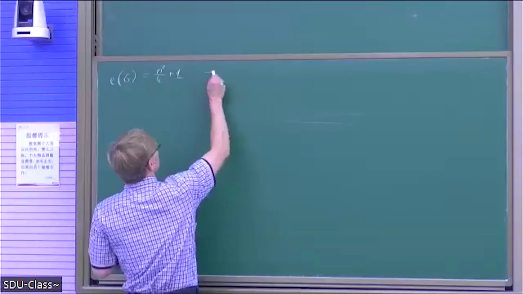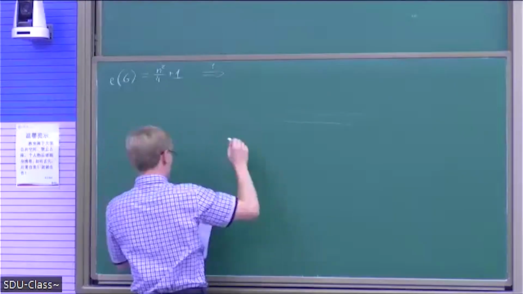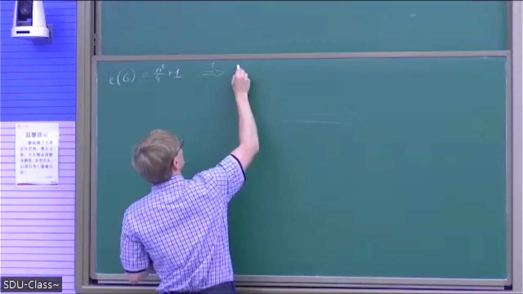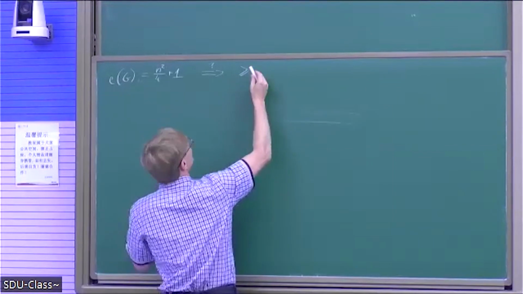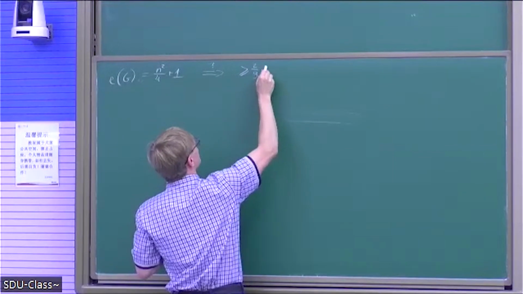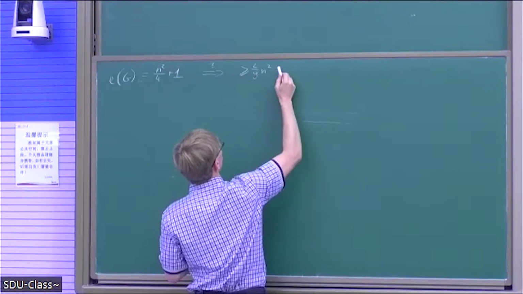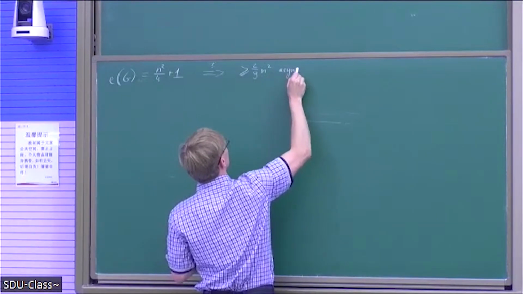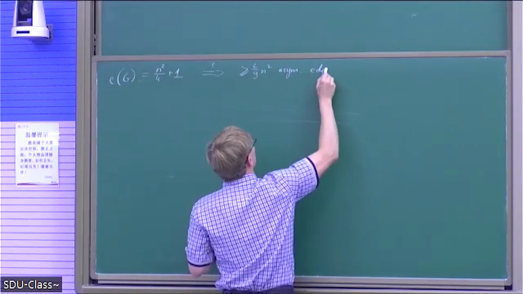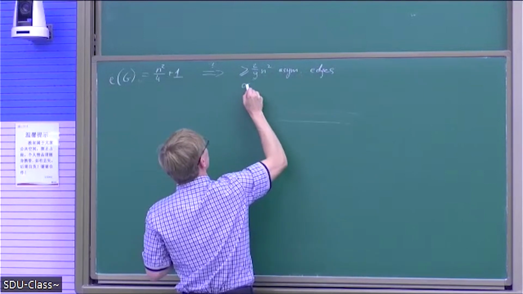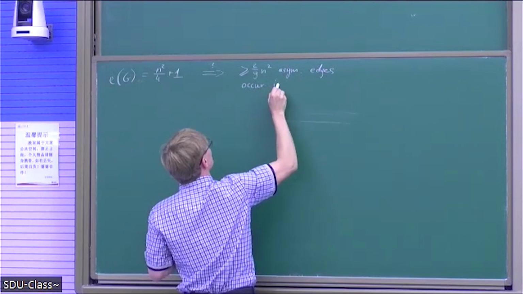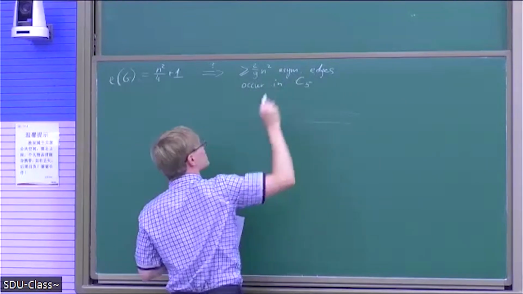And the conjecture was asking if it means that at least 2/9 n squared edges asymptotically occur in C5.